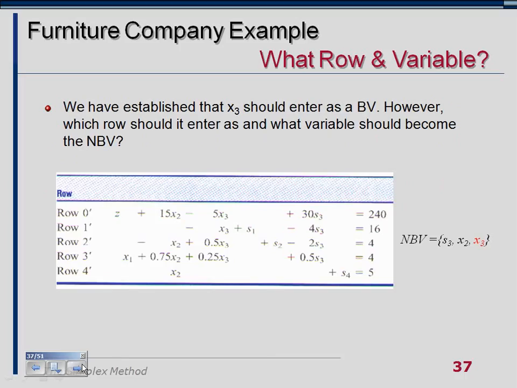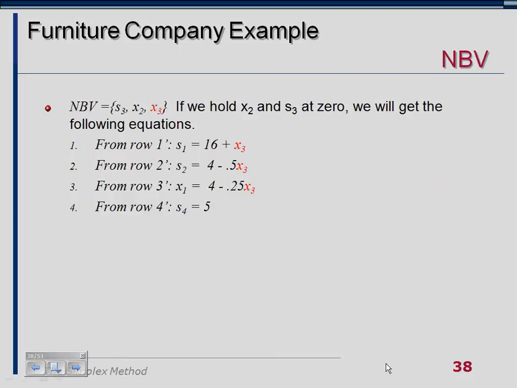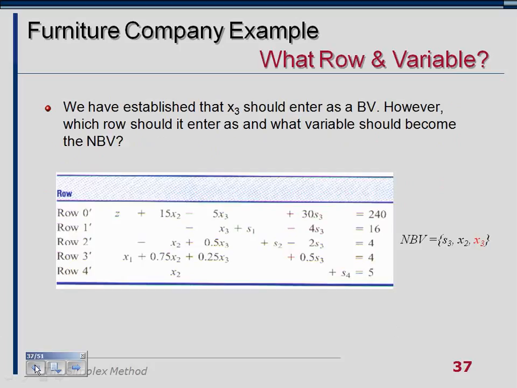Well, if we look at row 1, all right, where did I get these rows? All right, these were easy to come by. All you have to do is plug in the values, your non-basic variables of 0. Okay, so let's take row 1. Our non-basic variables are s3, x2, and x3, right? So we're looking at x3.